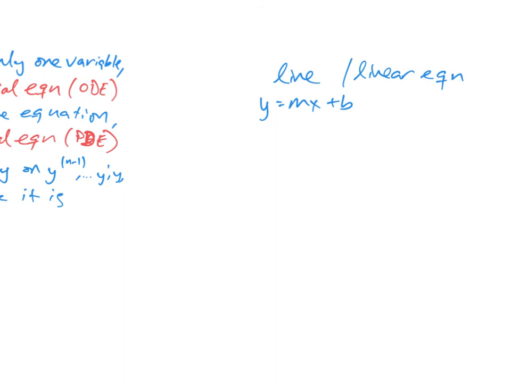And the standard form of this might look like ax plus by plus c equals 0. And then to generalize, if you had higher order, more dimensions, then you could say something like a1 x1 plus a2 x2 plus and so on up to an xn equals 0.